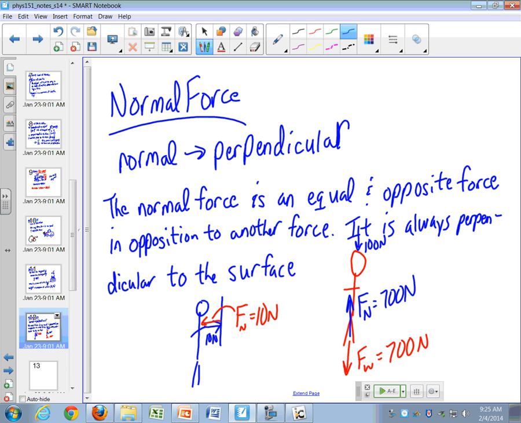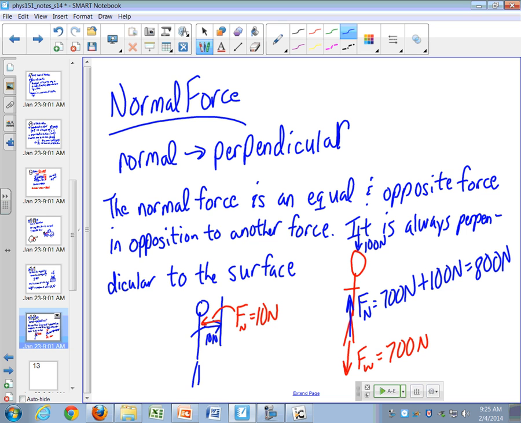So now it's going to be 20 plus whatever I'm pushing on it with. All right, so here I've increased the normal force. The normal force is now 700 plus 100 newtons, which is 800 newtons. Okay? You're not really going to use that except for friction because your normal force actually affects the friction.